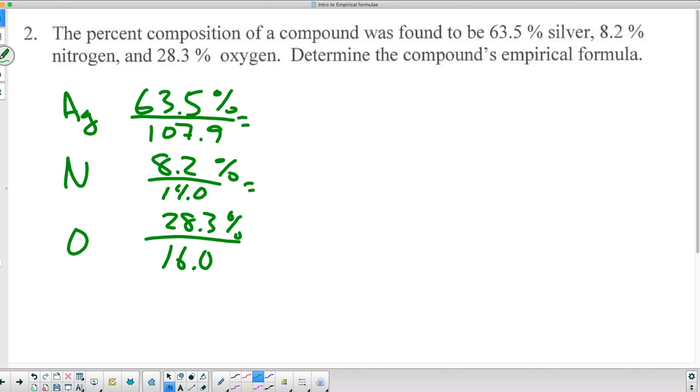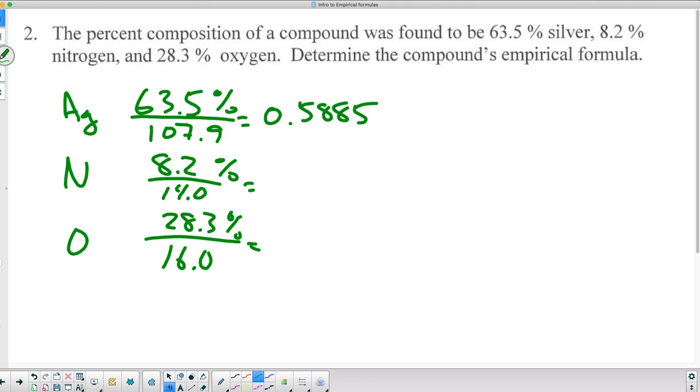Okay, so I go through, do the math for each one of these. 63.5 divided by 107.9 equals 0.5885.